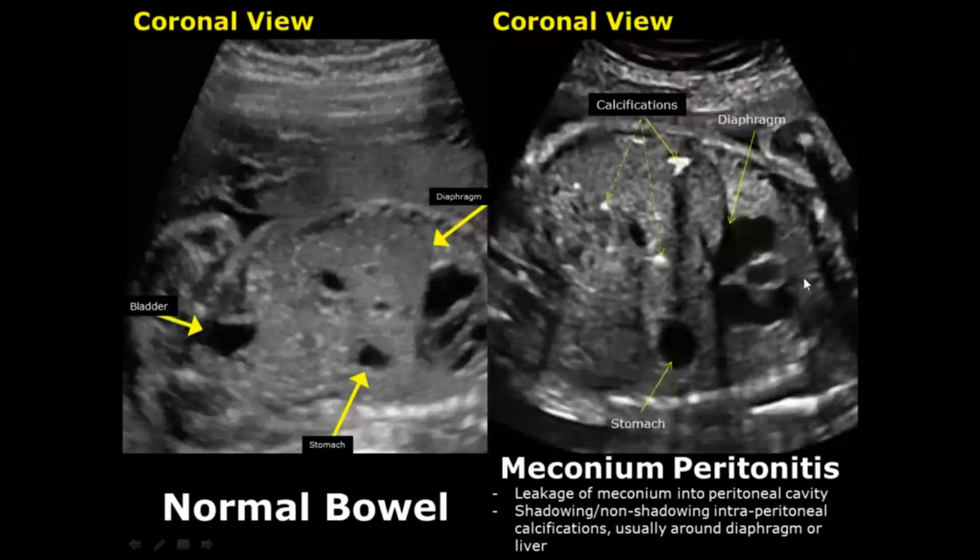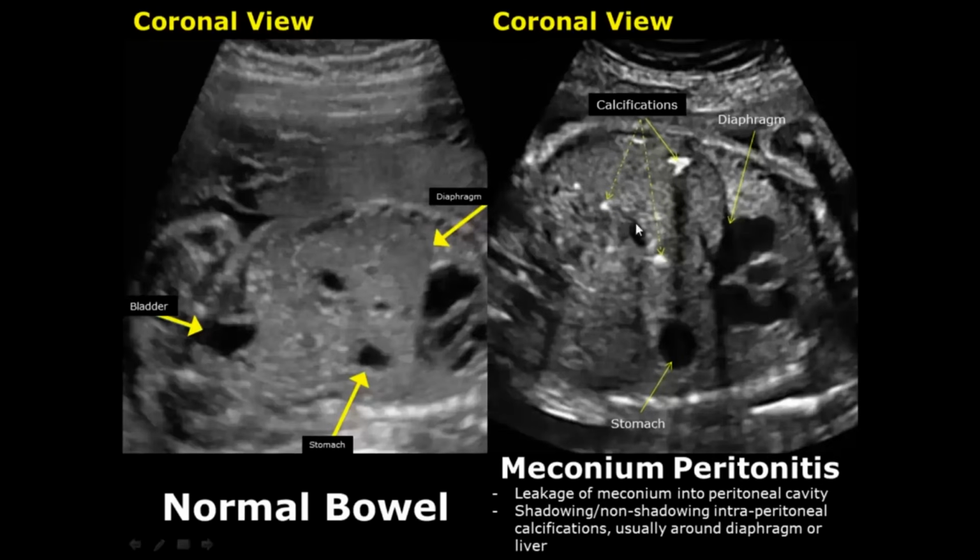Meconium peritonitis is a serious condition in which there is leakage of meconium into the peritoneal cavity. This causes shadowing calcifications as well as non-shadowing calcifications in the peritoneal cavity.